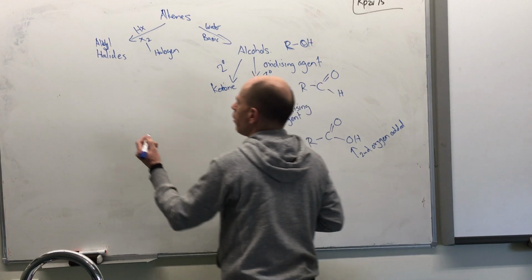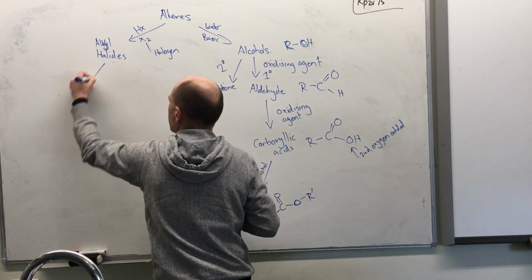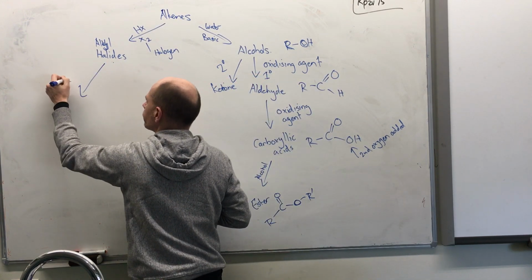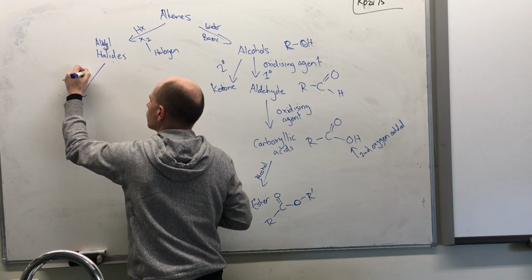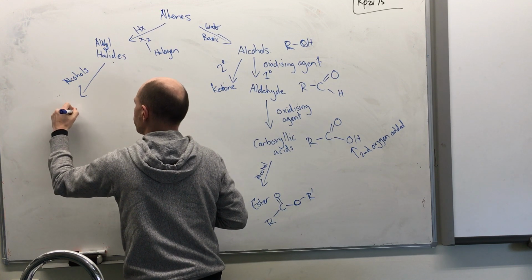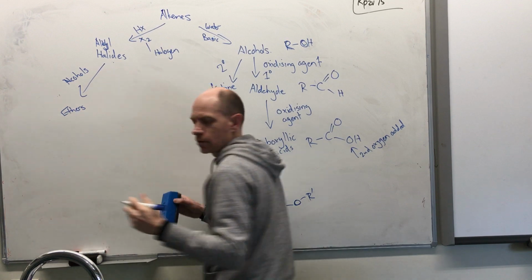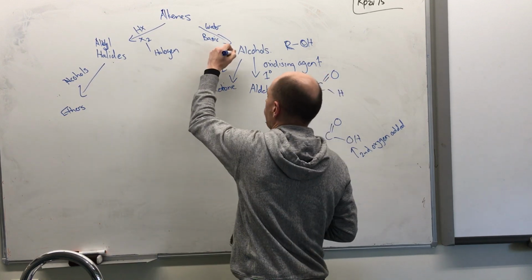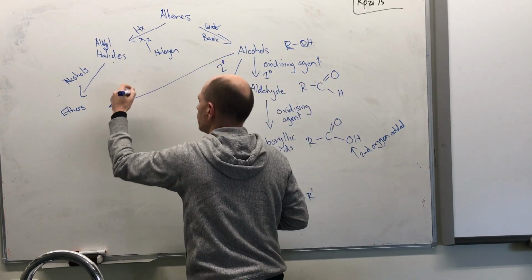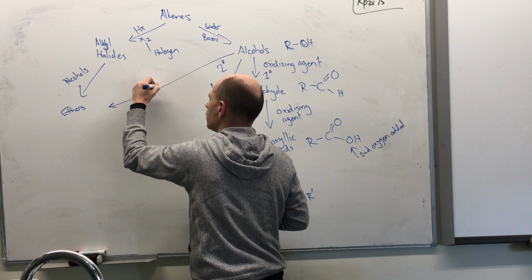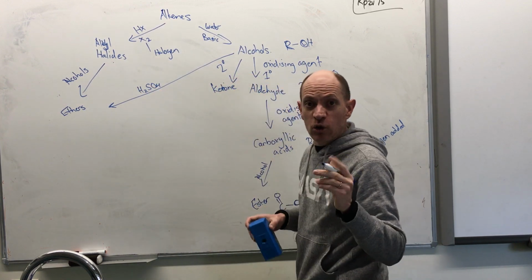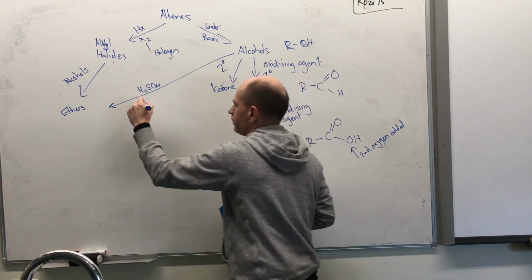So when alkyl halides react with alcohols, they form ethers. Ethers can also be formed by alcohols with sulfuric acid, but you end up with a symmetrical ether.